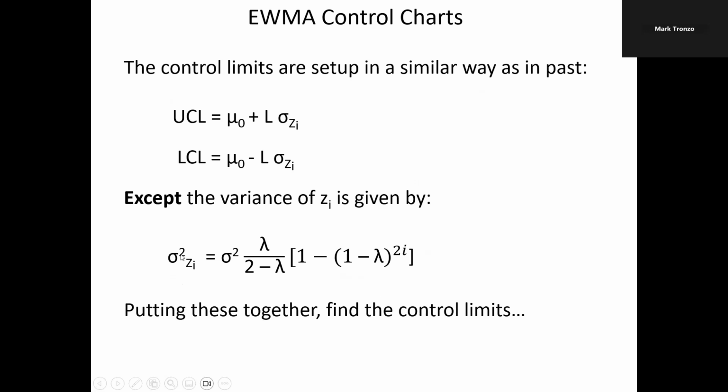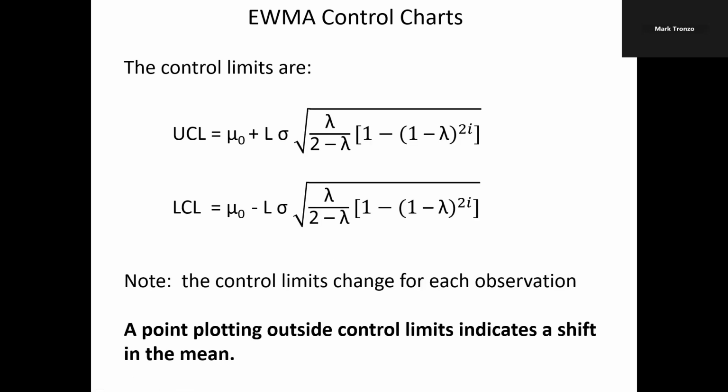So if we put our variance or standard deviation in our upper control limits or our lower control limits, we get something like this. So this becomes, again, a lot more complicated. It's not hard to calculate, but it just has more terms in it. And notice, again, the control limits are going to change for every point. And just like before, a point that plots outside the control limits indicates a shift in the mean.